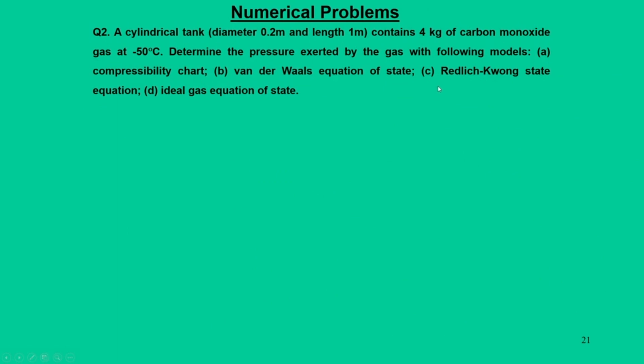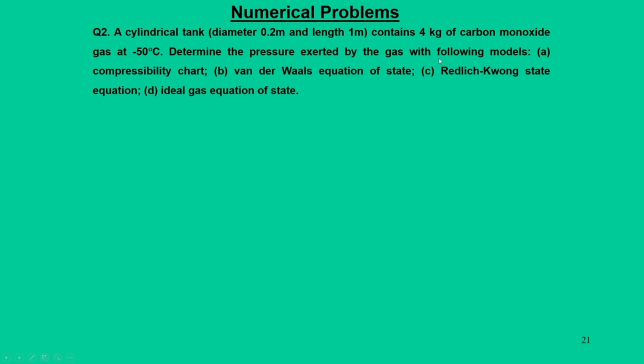The next problem is about the consistency of equations of state. We have a cylindrical tank whose dimensions are 0.2 meter diameter and 1 meter length. It contains 4 kg of carbon monoxide at minus 50 degrees centigrade. We need to find the pressure exerted by the gas using different models.